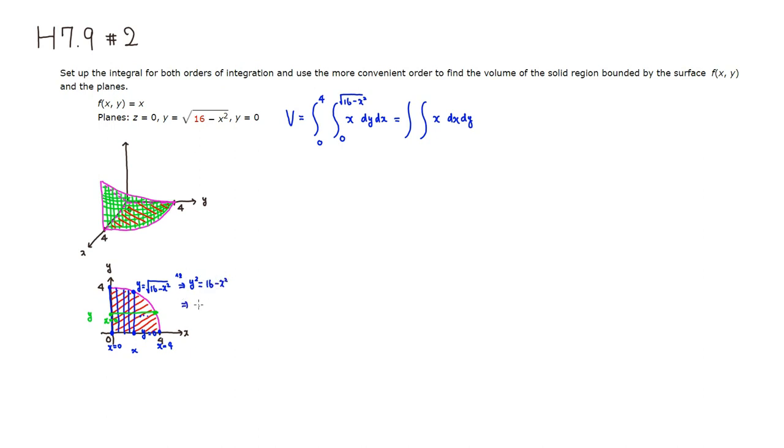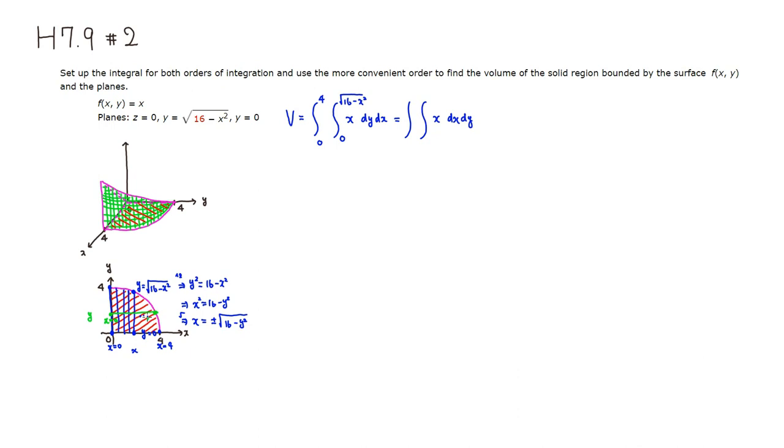Switch x squared and y squared: x squared equals 16 minus y squared. Then take the square root of both sides: x equals plus or minus the square root of 16 minus y squared. In this case, we want the positive one.